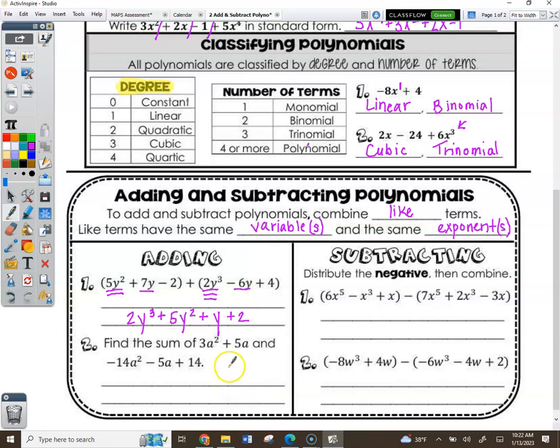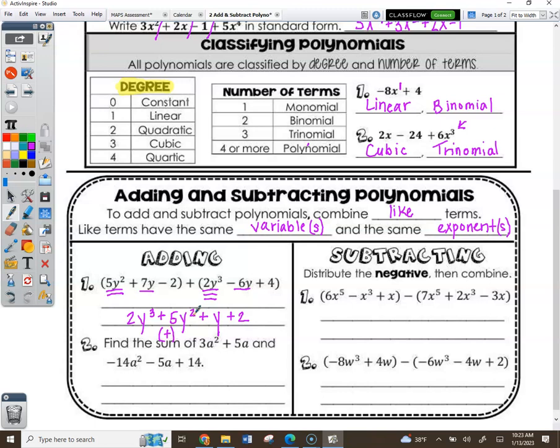Okay, you try number 2. It's the same type of question, but instead of laying it out like this with a plus sign, they're telling you to find the sum, and that means add. Sum means add.